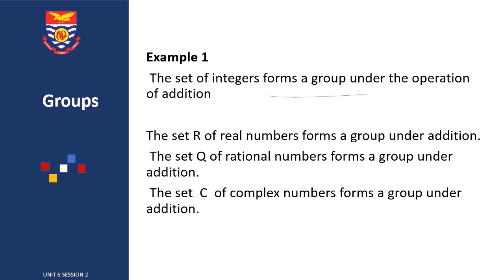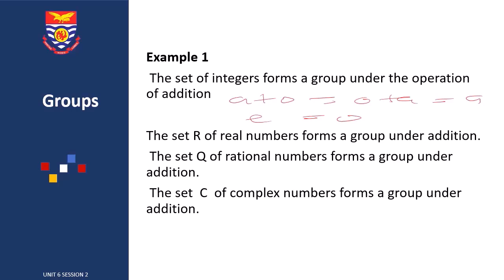When I have A plus 0, it is the same as 0 plus A, which equals A. Therefore, E is equal to 0. Once you establish that the identity element is 0, addition is also automatically associative.